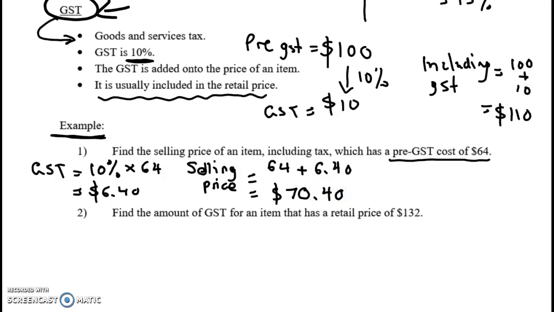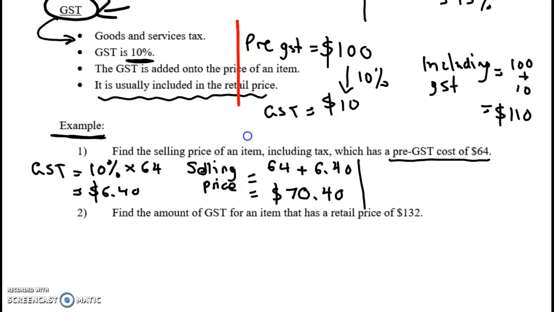Okay, but there's a quicker way than doing those two steps, and that is to recognize that the GST is 10%, and the original amount is, think of that as 100%.